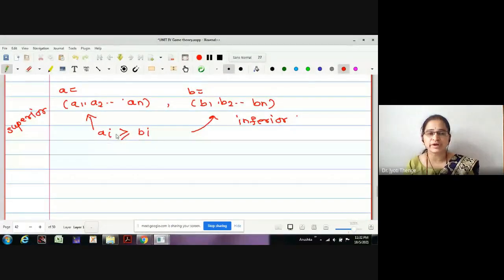If every coordinate Ai is greater than or equal to every coordinate Bi, then A is said to be a superior strategy than B.